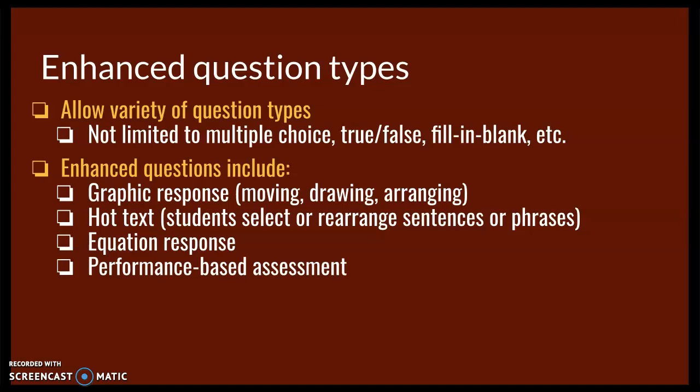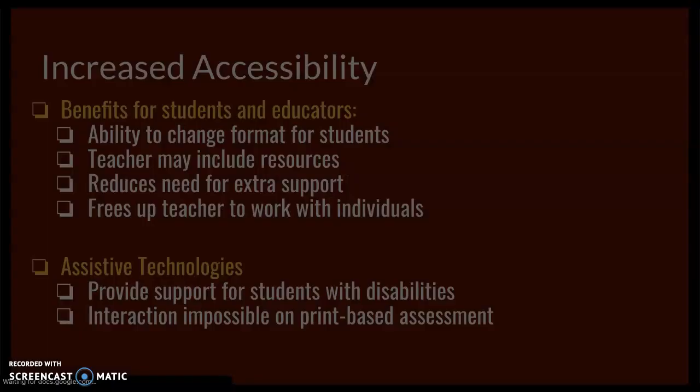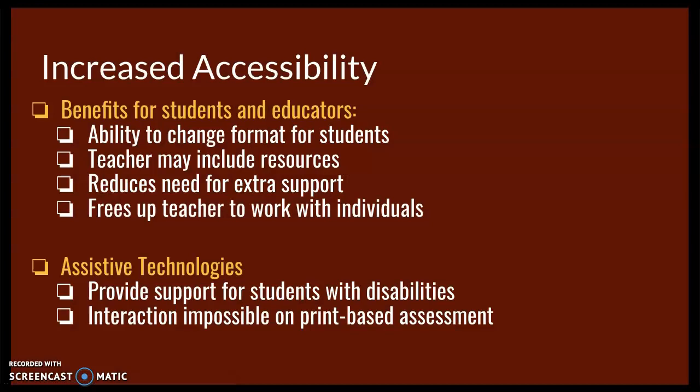The sentences are jumbled and the students have to organize them up on the smart board or using some other form of technology. So it really does a nice job of also including an ability to utilize performance-based assessment.